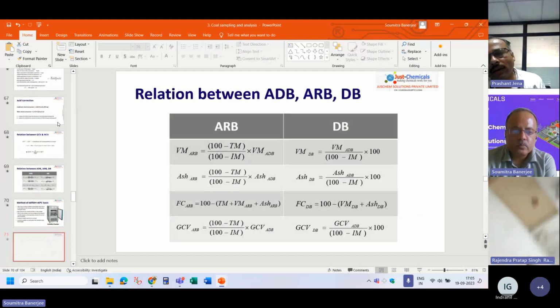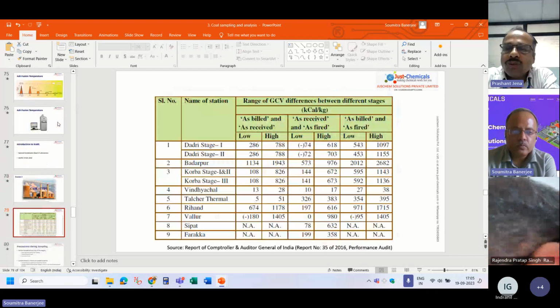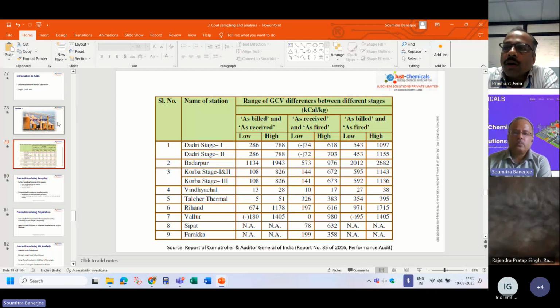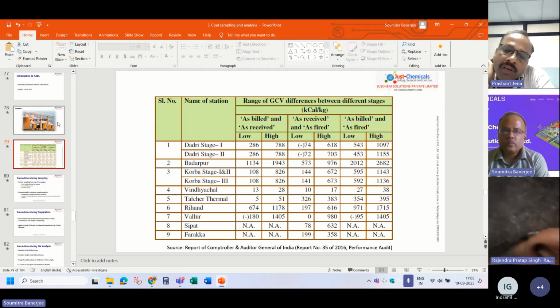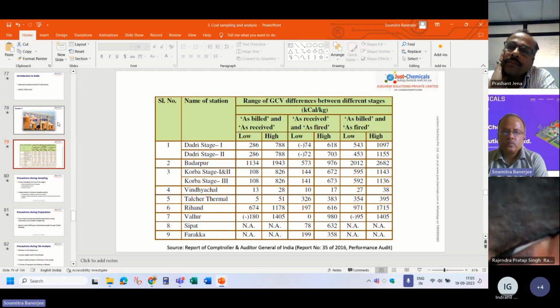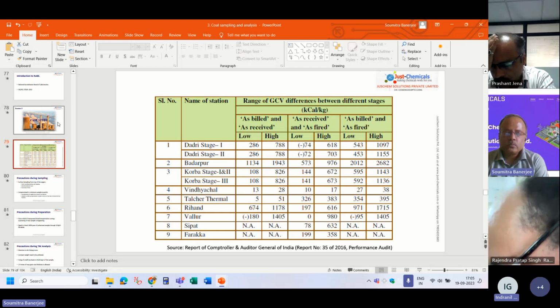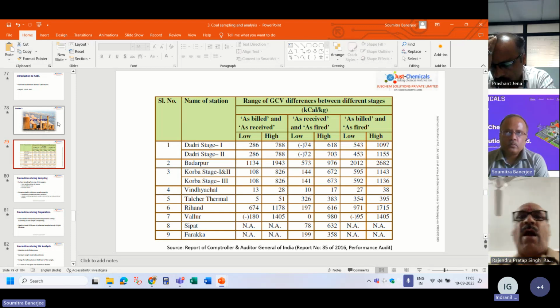Regarding Indranil, I just wanted to know what is the effect of water spraying on the coal GCV or deterioration. If you're spraying the coal, the effect on GCV comes on ARB basis. But if you're analyzing it, or using the coal in a very quick manner, it is not affecting much.